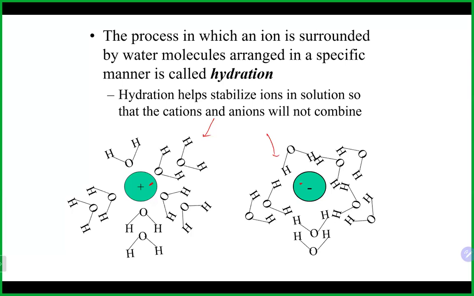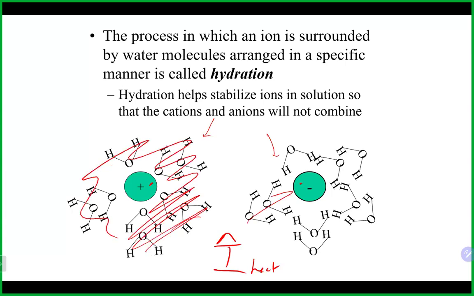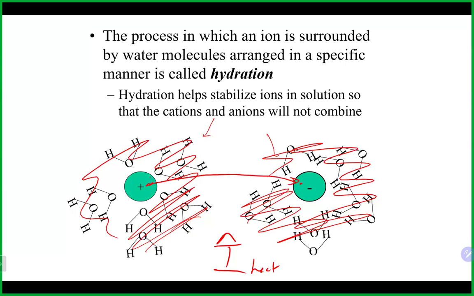It's only able to keep them apart because there are so many water molecules in your beaker or whatever it may be. But we know what will happen if we heat this up, right? If we start to heat this up, we will see our water molecules start to evaporate. And when the water molecules evaporate off, there is nothing in the way of those two ions coming back together, and you will once again see that solid reform.